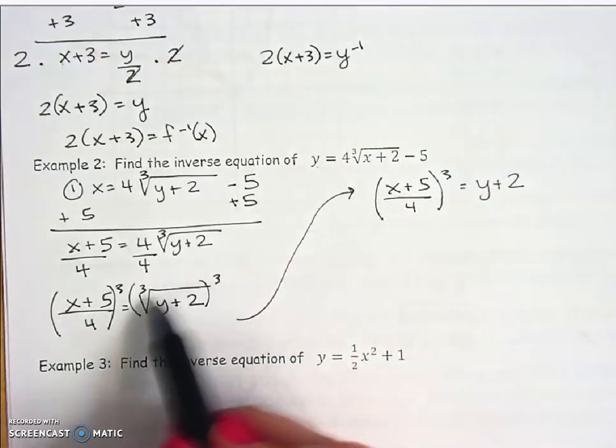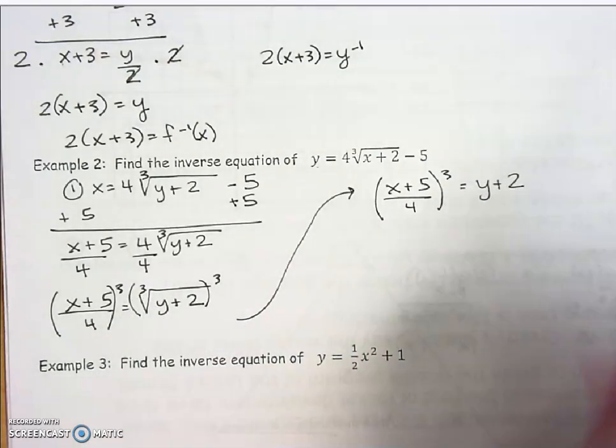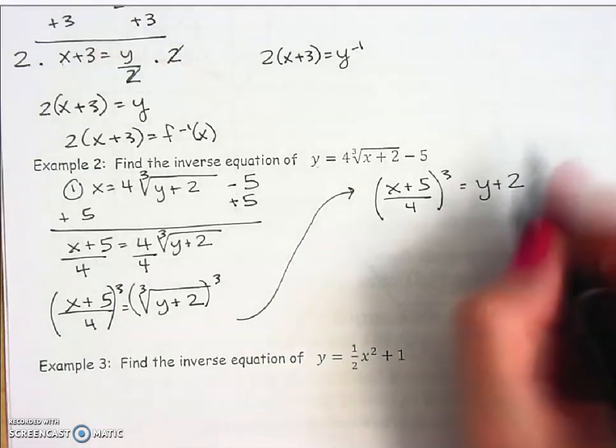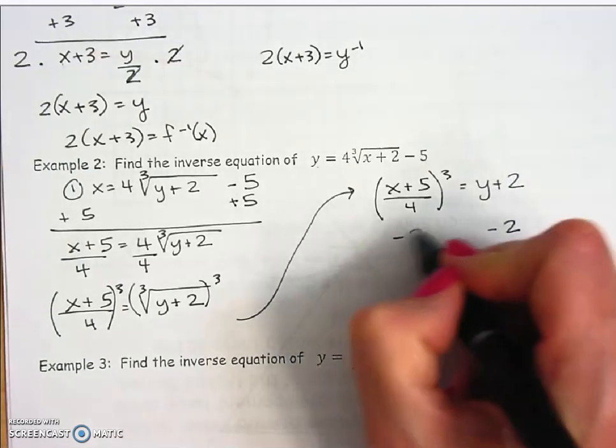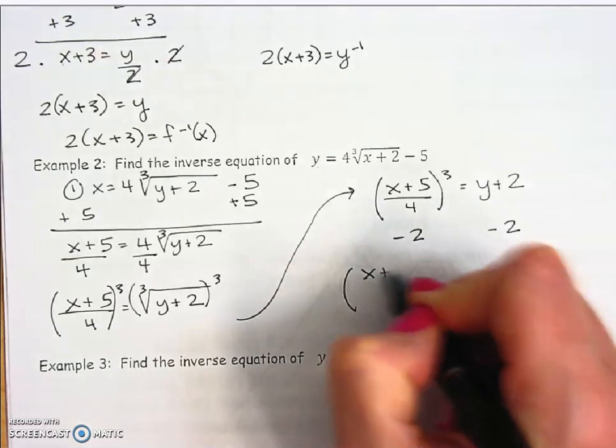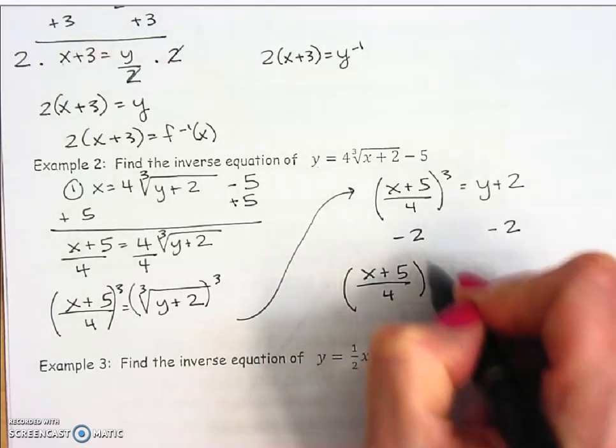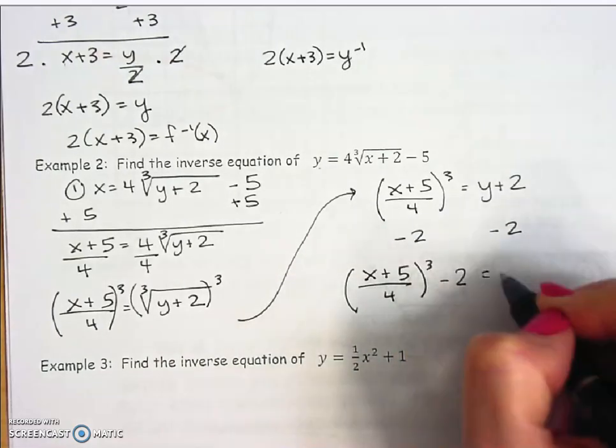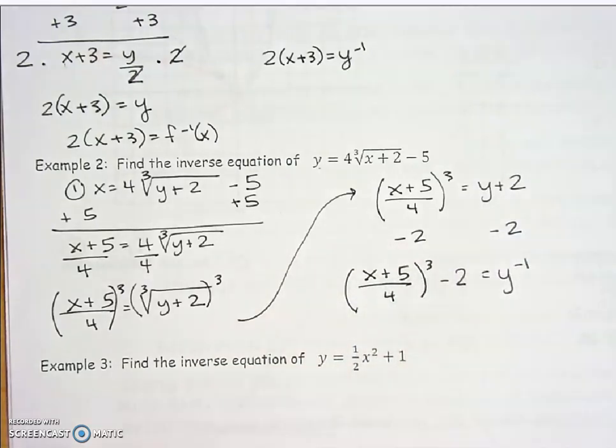So the cube cancels out the cube root. Now I have one more step to get the y by itself. I need to subtract 2 to both sides. And you can do y to the -1 or f -1, whichever you like.